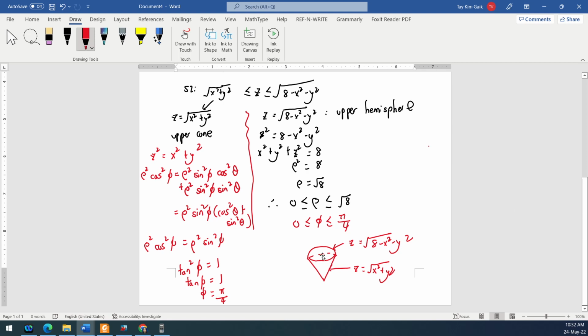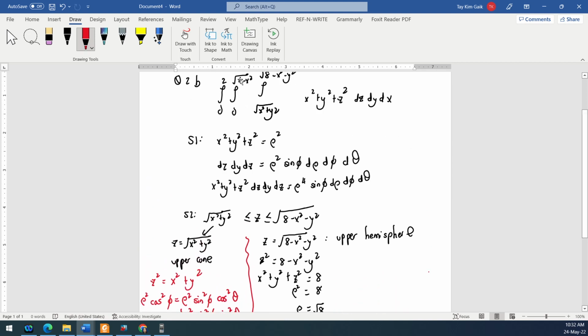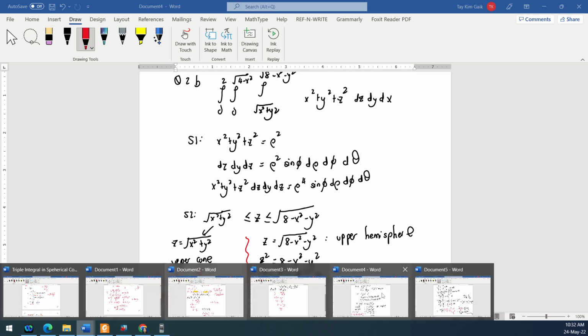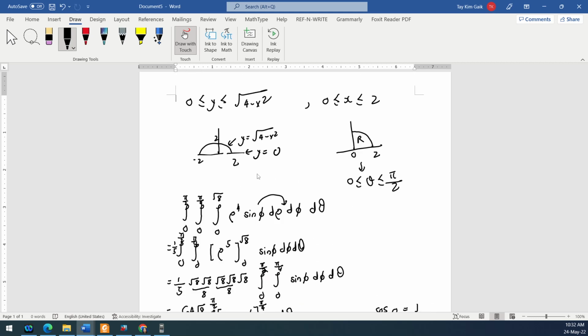Is it the full ice cream cone or not? To confirm, we need the limit for y and the limit for x. The limit for y is 0 until y equals 4 minus x squared, and the limit for x is 0 to 2.